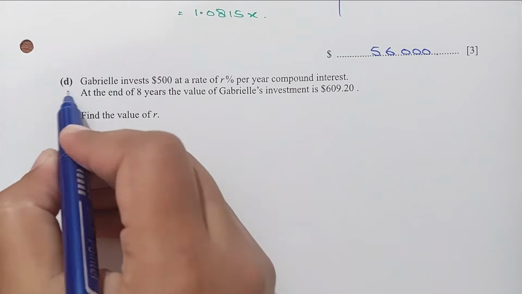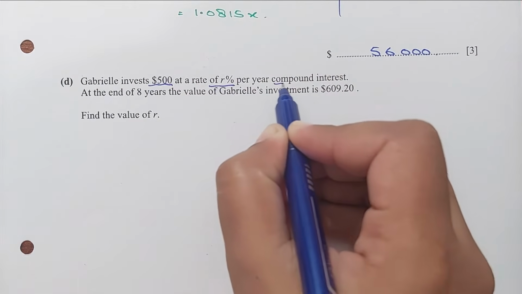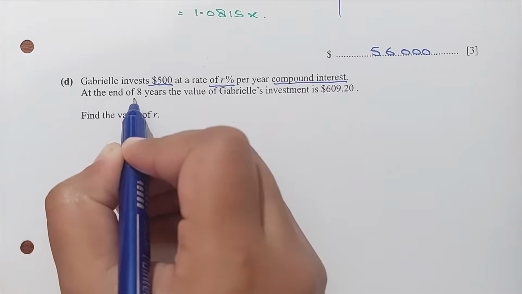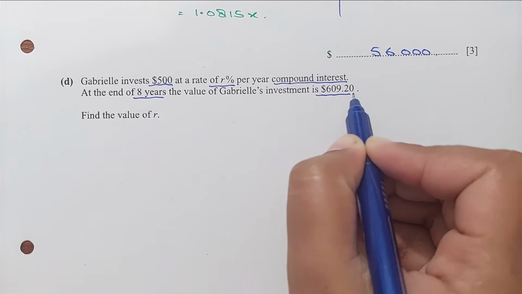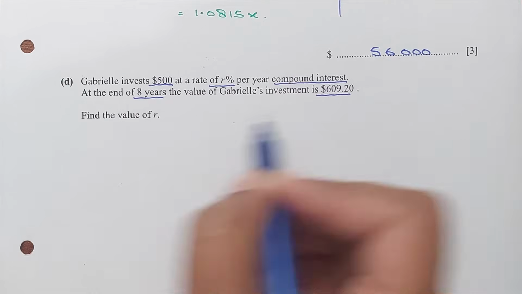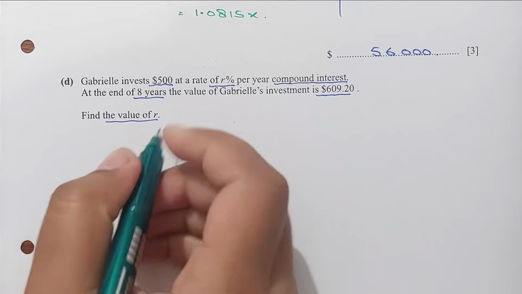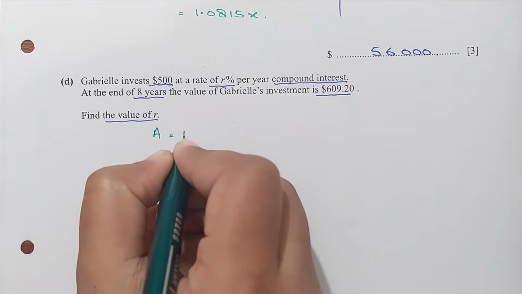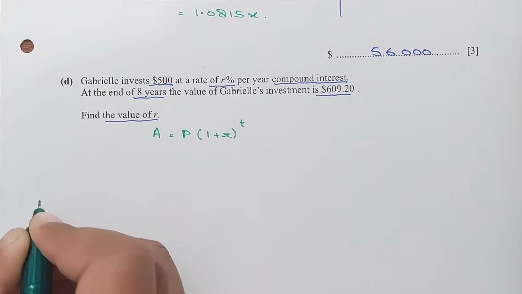Now for part D, Gabriel invests $500 at a rate of R% per year compound interest. At the end of 8 years, the value of Gabriel's investment is $609.20. Find the value of R. So it is a compound interest. Use the formula A equals P into (1 plus R) to the power T, right?